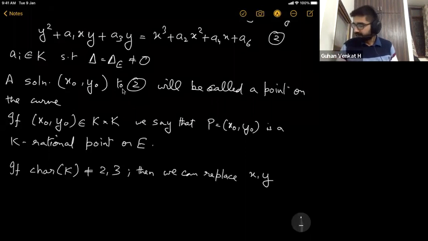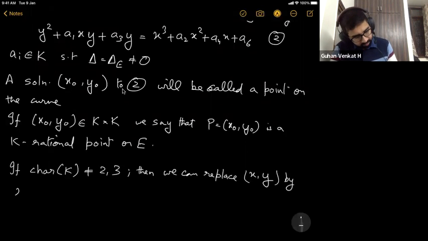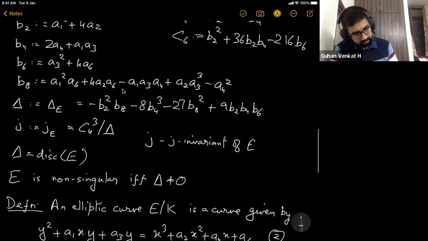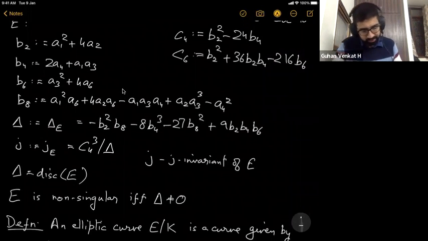We can replace x comma y in this Weierstrass form by x minus 3b2 by 36 comma y by 216. This is where these quantities b2 and so on come into play.